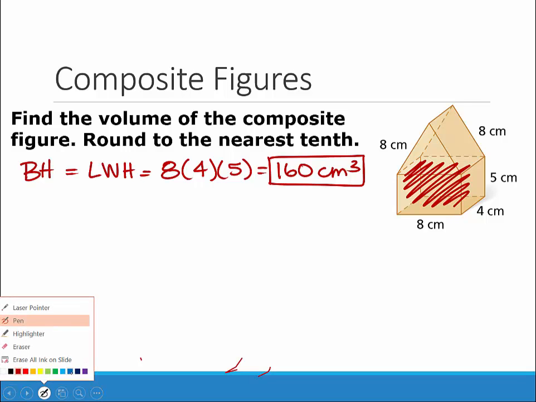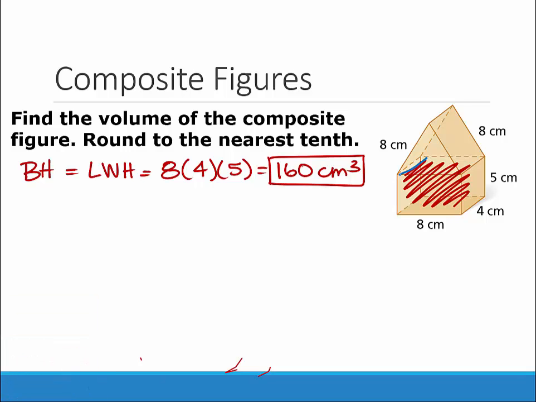And then the thing on the top is this nice triangular prism. So our base needs to be one of these triangles. And unfortunately, they don't tell us a lot of information. They tell us that this is 8, and then this one back here is 8. We know that this is 8 as well. So in order to find the base, we're missing one piece of information.